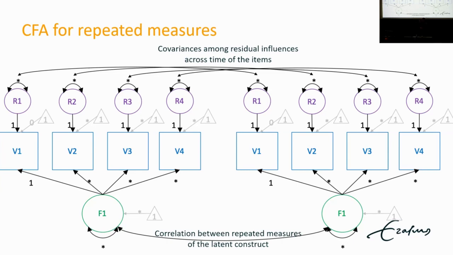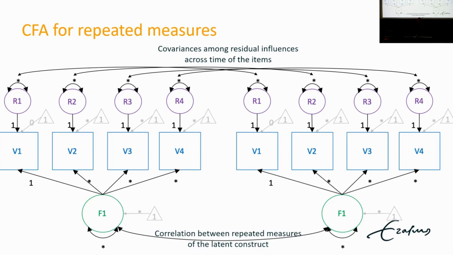That's the correlation you see really below on the slide. And then in addition, when we look at the residual factors, all the external influences that affect the way we respond to those items, they could also be correlated across time, right? Because if anxiety really also feeds into the way I answer the question, I feel guilty, then this external factor, which is anxiety, feeds in maybe to the items at both time points.